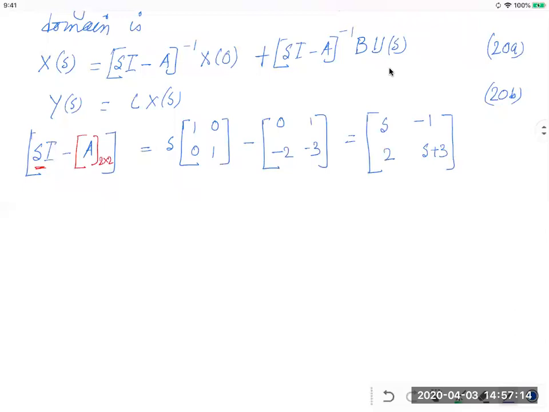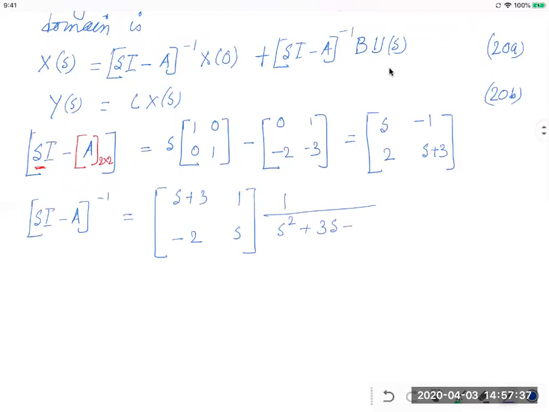Now the inverse of sI minus A is equal to s plus 3, 1, minus 2, s divided by s square plus 3s plus 2.